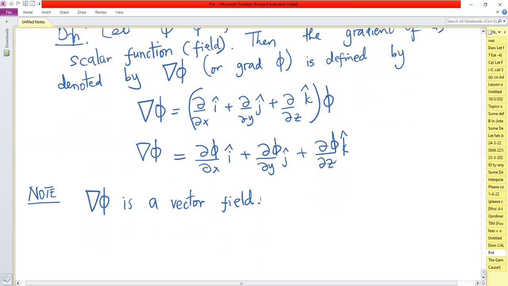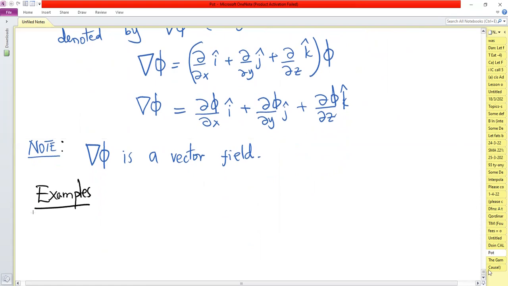So given, if phi is given by 4x cubed y sine z, find gradient of phi.